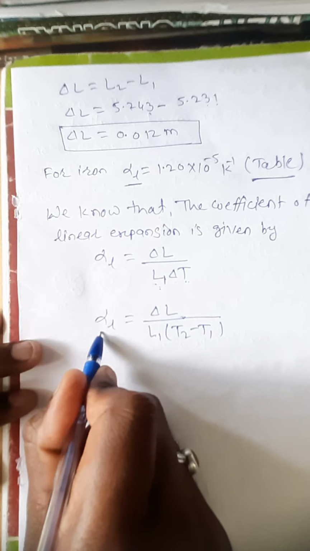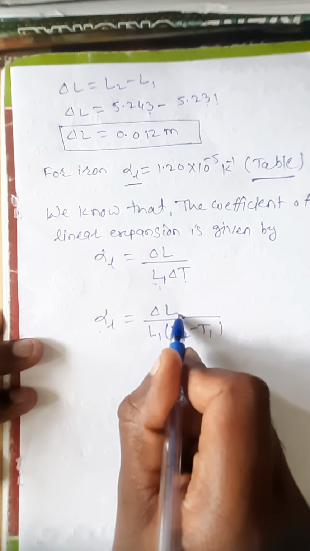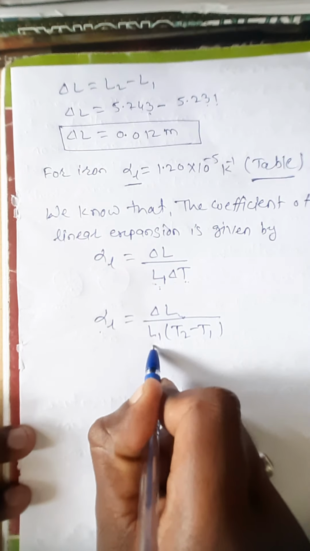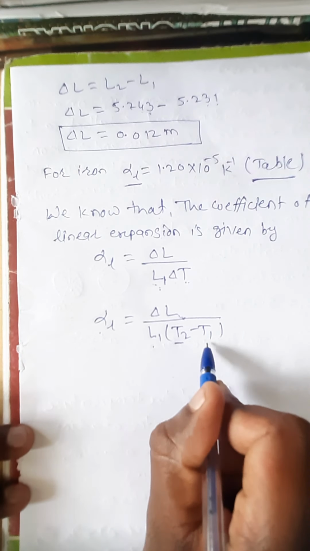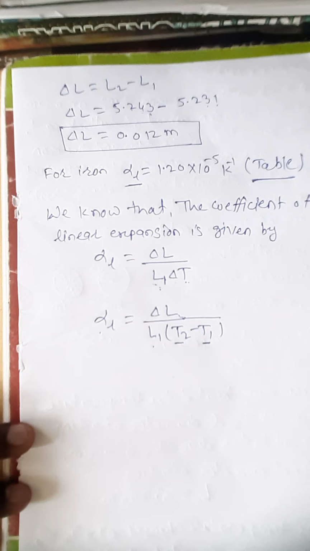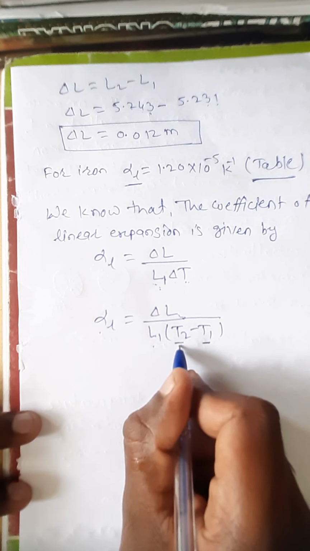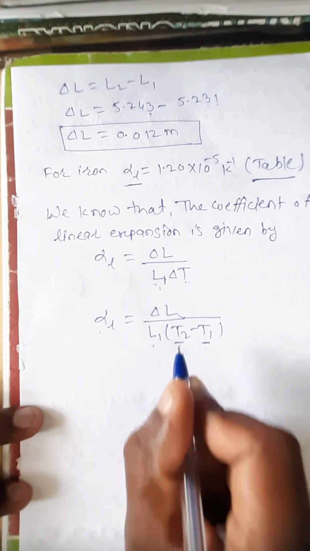Okay, then we know alpha L, delta L and L1, the initial length, and T1, and we have to find the final temperature T2.